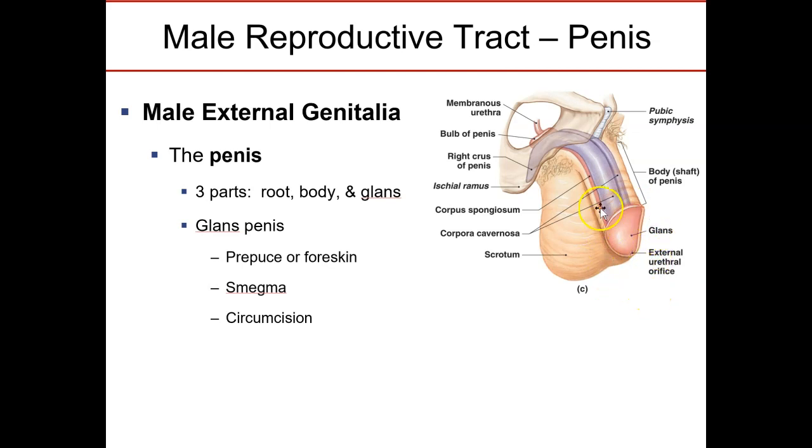And then when we have the skin, anytime you have a layer of skin with lipids, what can develop is something called smegma. It's one of the weirdest words in the English language, but smegma is described as this oily or cheesy-like substance that can be found under the skin of an uncircumcised penis. That's something I remember from my very first anatomy class.